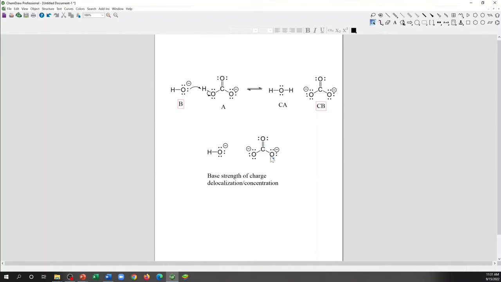In carbonate, there are 2 negative charges, but because of resonance, those 2 negative charges are actually distributed across all 3 oxygens. You can actually imagine a resonance structure, and I'll show an arrow. If this lone pair were to drop down to form a double bond here, and that double bond were to break out onto the oxygen, then we end up with a resonance structure for carbonate that looks like this.